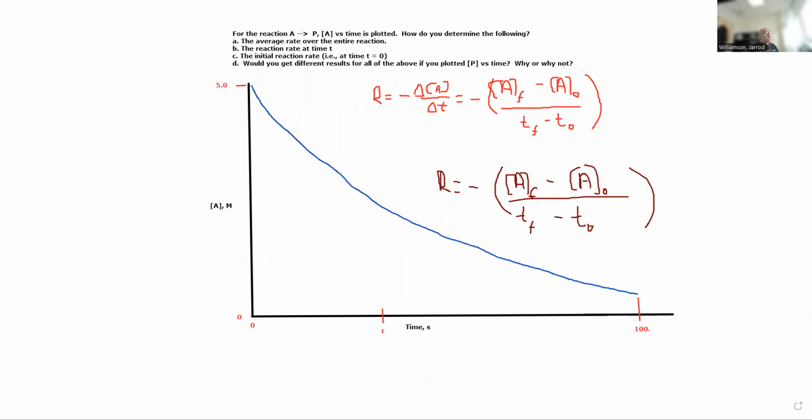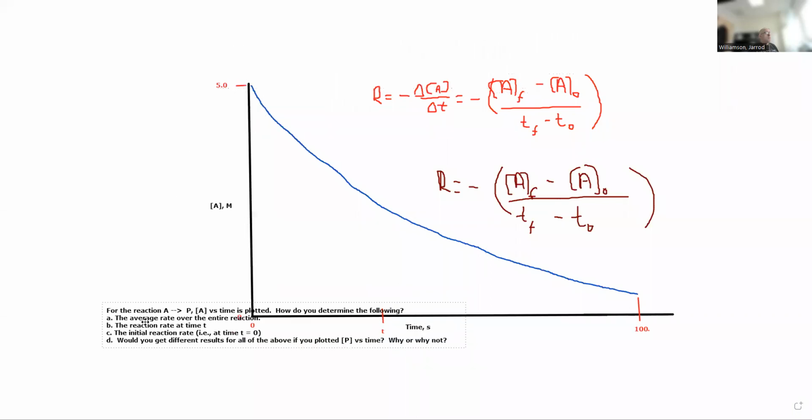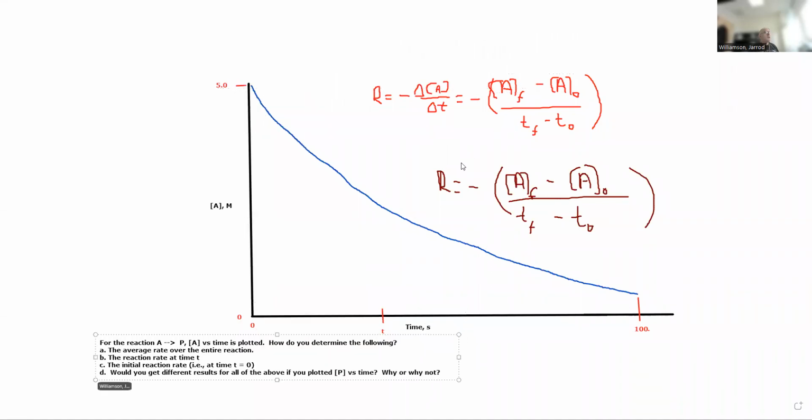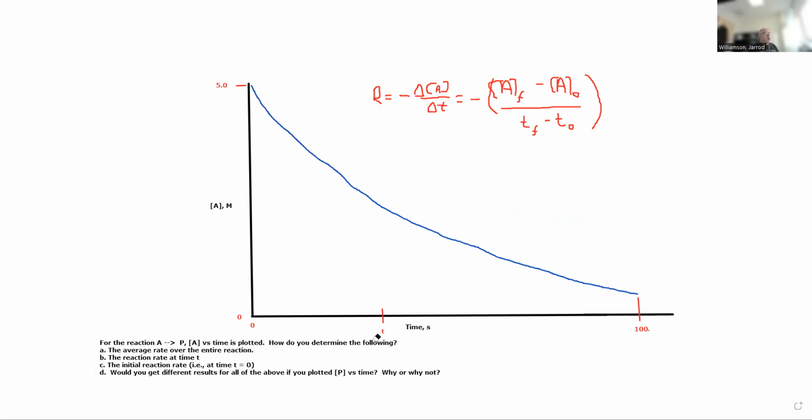I need to move this stuff out of the way. To get the initial rate, all I do is, instead of drawing a tangent line at this time t here, I draw a tangent line at time t equals 0 seconds.